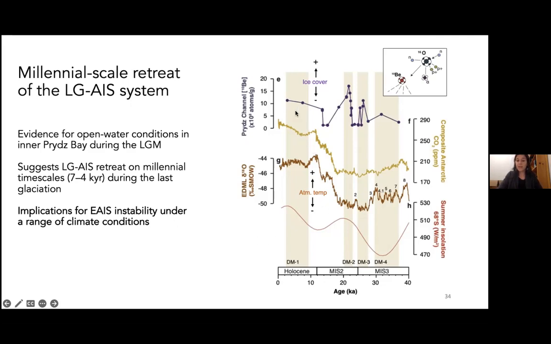Of course, there might be some orbital sensitivity too, right? As you get an increase in both insolation and temperature, you're getting a more permanent step back of the Lambert Glacier as the wider East Antarctic margin begins to deglaciate.